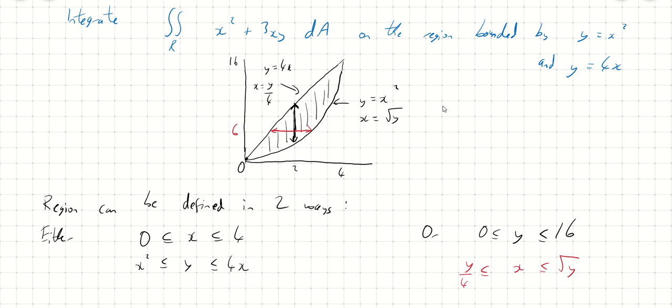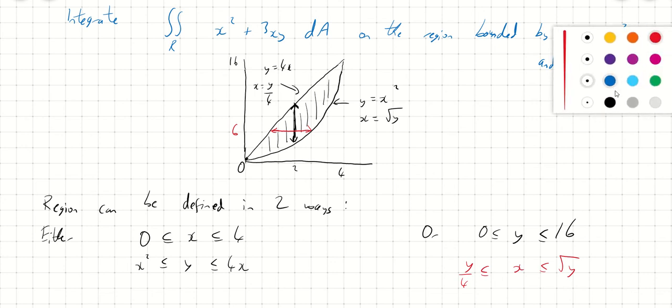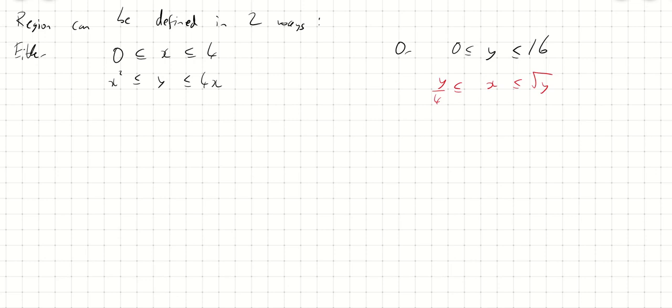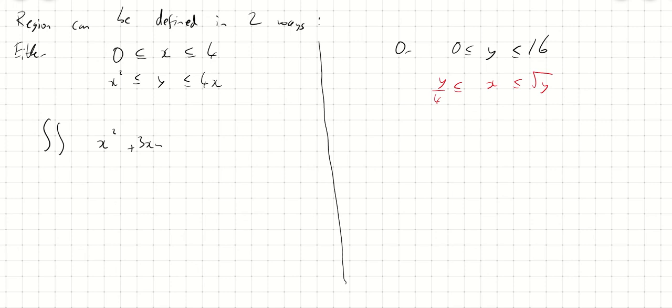That means there's two possible ways to do this integration. It doesn't really matter which way around you do it, as long as you get the limits correct. In this example, I'll do it both ways round, just so we can see that you get the same answer. Let's look at the left-hand side first. We're doing a double integral, and if you remember the question, it was x squared plus 3xy.